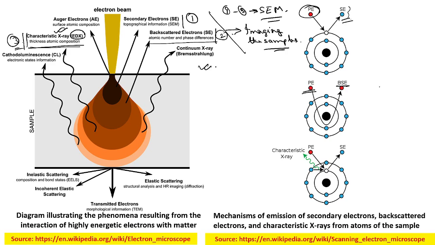Okay, the identification of both secondary electrons and backscattered electrons is done by the same detector, not electrode, same detector. Okay, so we have electron detectors.